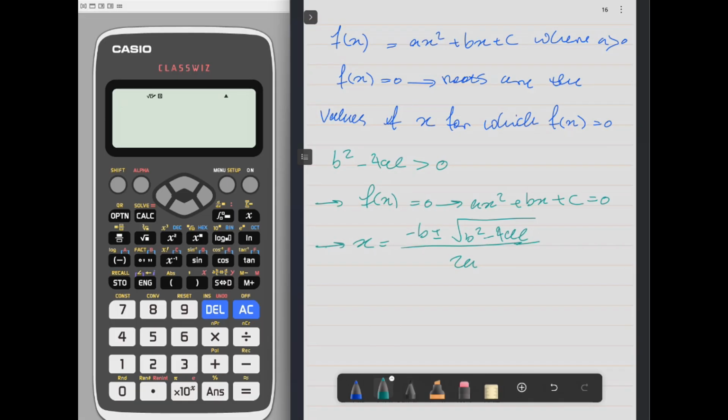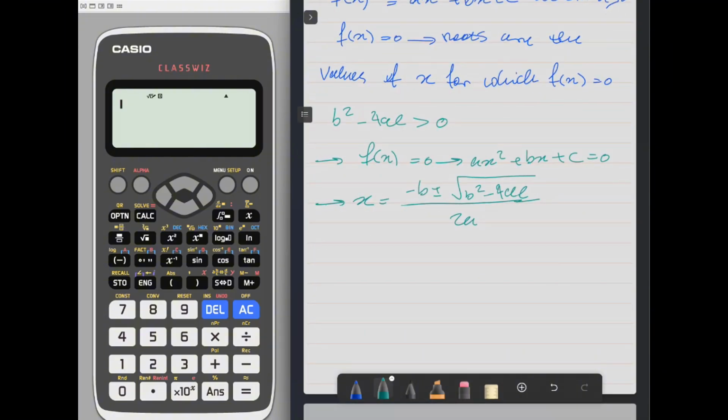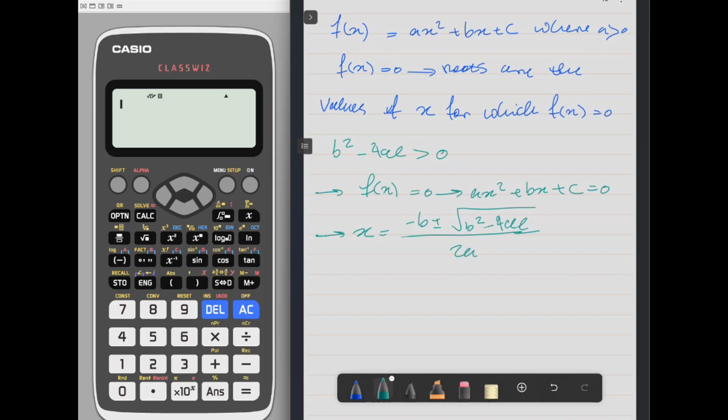And if b squared minus 4ac is greater than 0, then you're gonna have two distinct real solutions for x. Or to make it simpler, you're gonna have two values of x for which the graph of f of x intersects the x-axis.